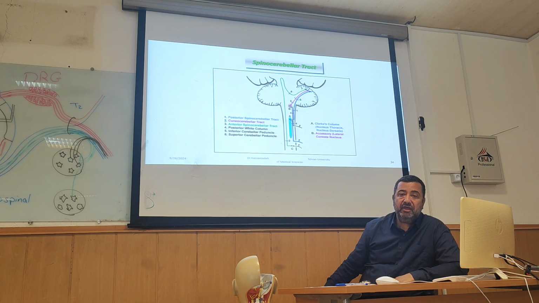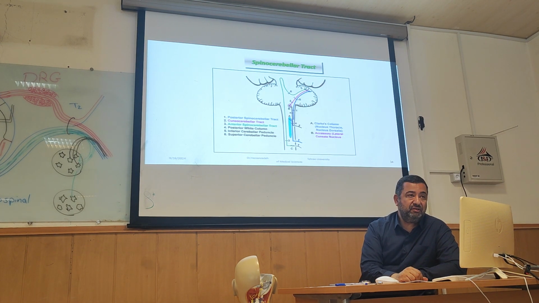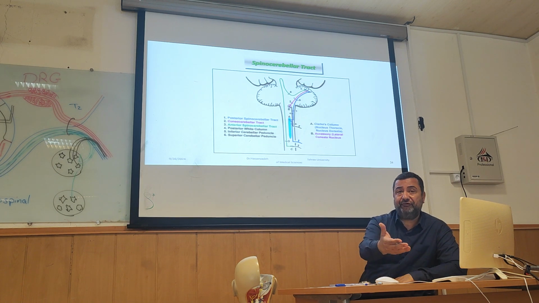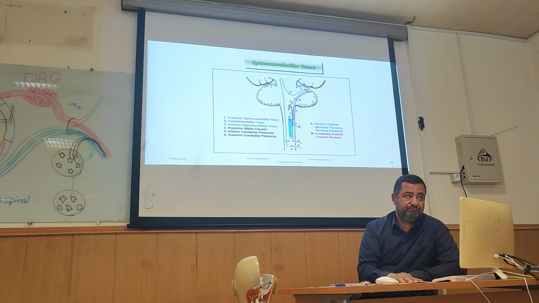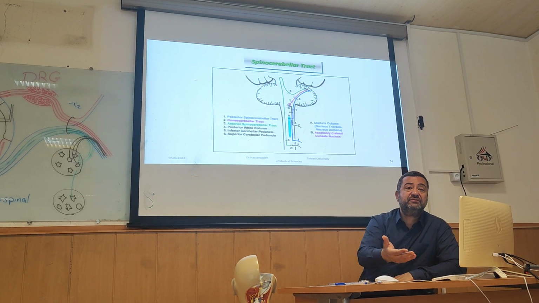If I ask you which tract in the anterior funiculus doesn't have any crossing, the answer is vestibulospinal.